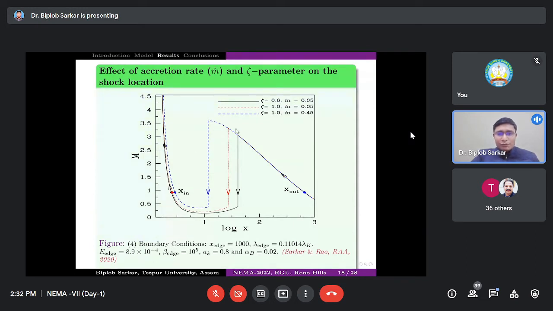So the conclusion from this figure is that apart from the accretion rate, the zeta parameter also significantly affects the shock dynamics in the accretion flow.